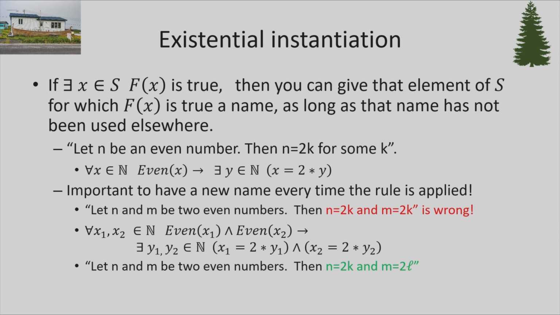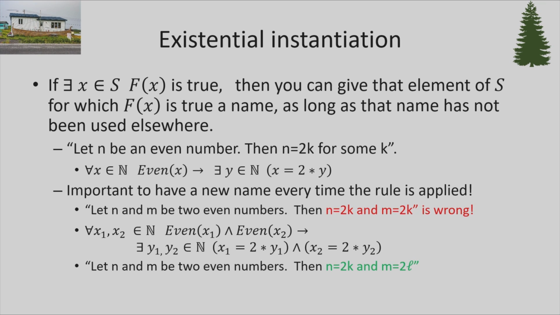So one caveat when you are doing existential instantiation, and we are going to do a lot of it because we are going to see over and over a definition of something which is of this form. An even number is a number that's 2 times something else. Or something is divisible by something when we could find a number that gives the first one when multiplied by the second, so on and so forth.